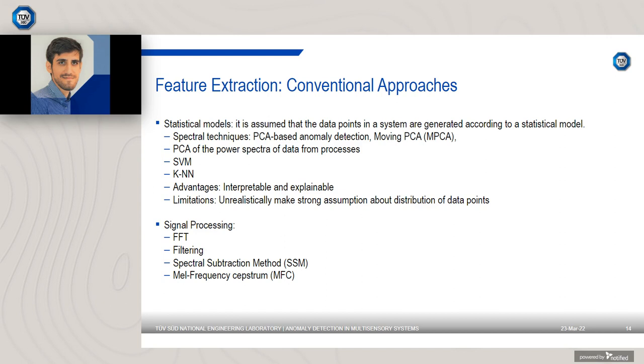The filter suppresses unwanted components or features from a signal to give us a better representation of it. There are other techniques, such as the spectral subtraction method, which is a simple, effective method of noise reduction, and also the Mel frequency spectrum, which is a representation of the short-term power spectrum. So these are all different conventional approaches to extract features from the signal.